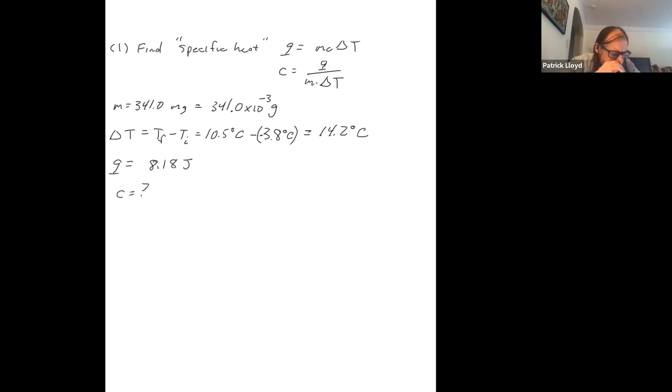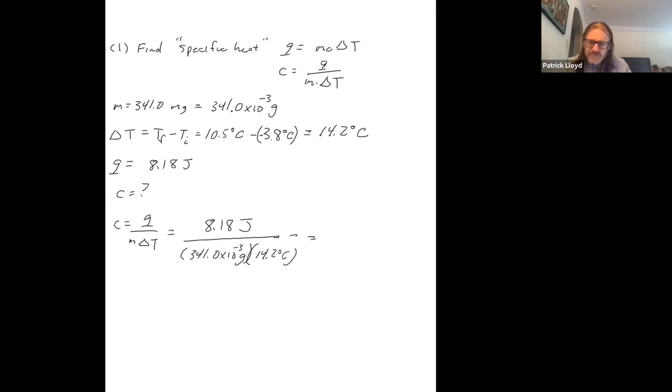That's not hard, so let's go through it. So C is Q over M delta T. Like I said, the order that you do this doesn't really matter, but there's a different way to do it. So 341.0 times 10 to the minus 3 grams. And then your delta T would be 14.2 degrees C. This is just going to give us the specific heat capacity, just like we've done already.